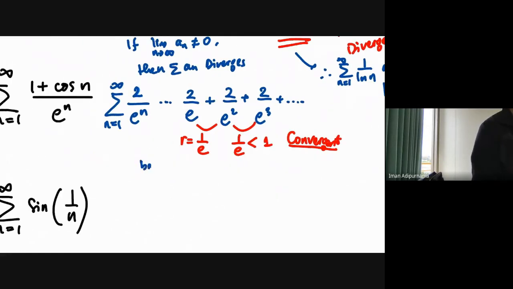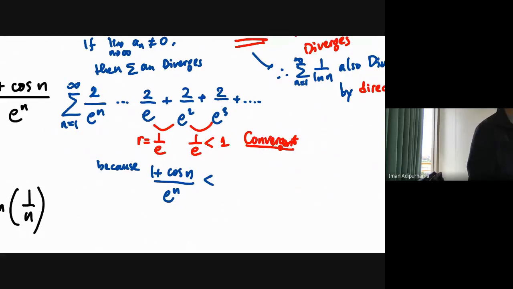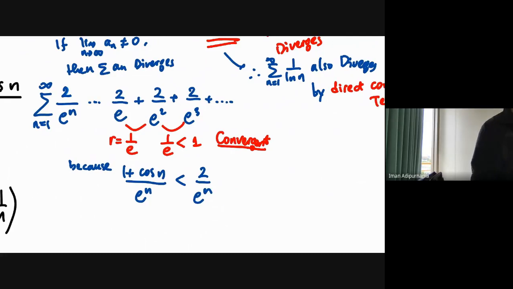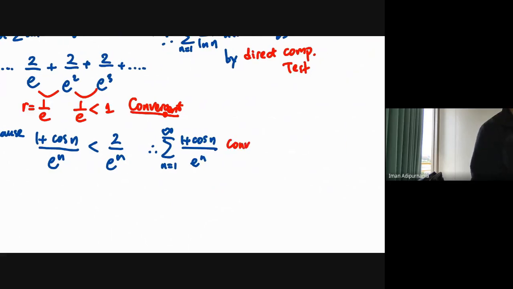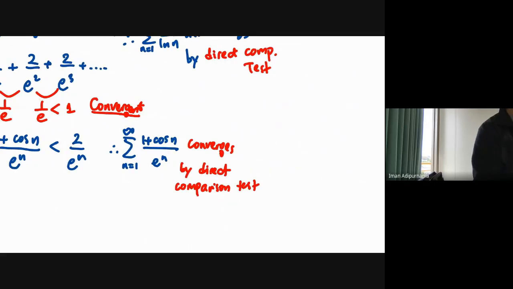And then, because 1 plus cosine n cannot be higher than 2 over e to the power of n, we can conclude that the series is also convergent by the direct comparison test.